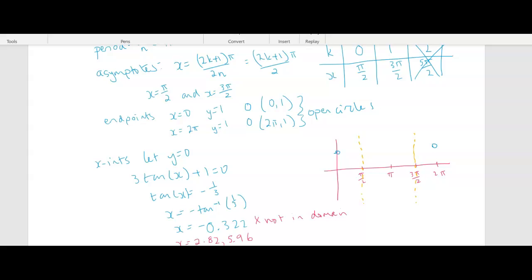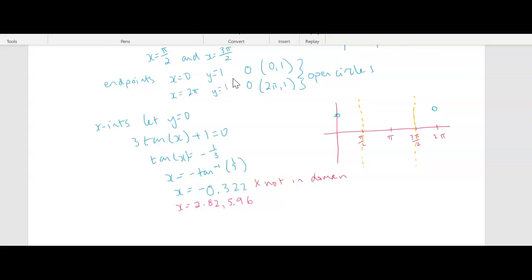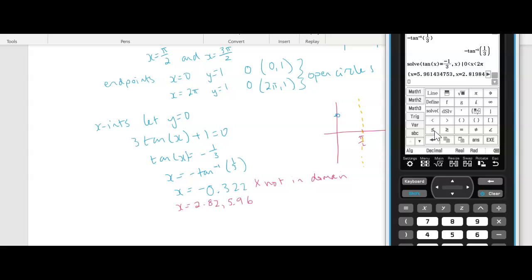Now with my x-intercepts, we're going through 2.82. So I don't know roughly where that is, but if I just do on my calculator pi on 2, which is 1.5, and if I do half that, we'll know what the halfway point is, so pi on 4.